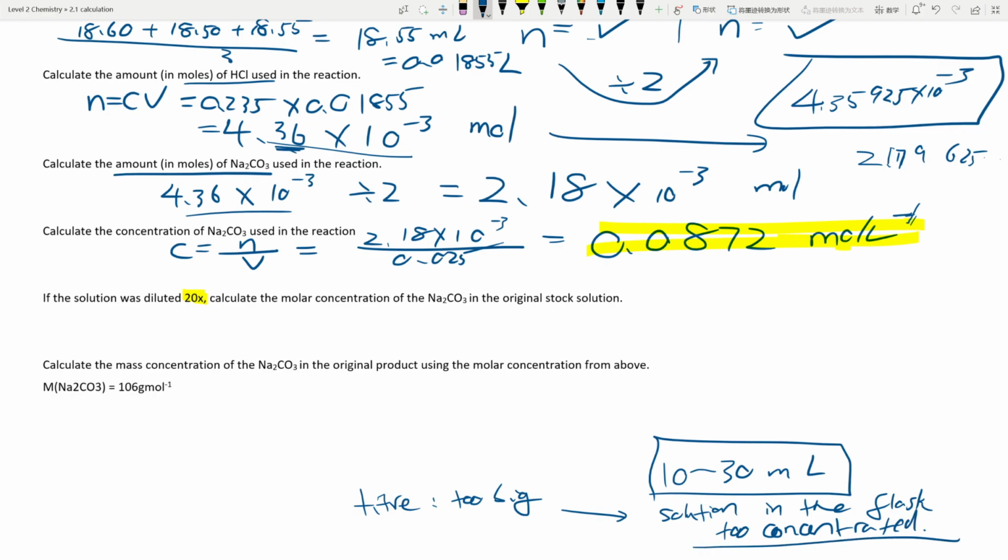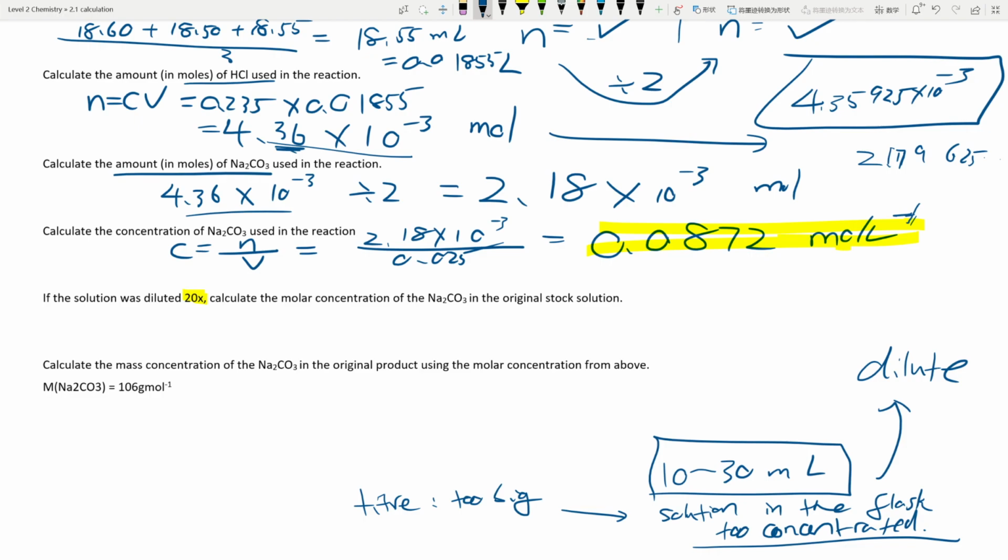That's because you're requiring too much liquid from the burette to neutralize the thing in the flask. So in hindsight, that means the flask solution is too concentrated, so you need to dilute whatever was in your flask, and then you can achieve a lower titer. Because if your titer is too big, there is too much uncertainty, and you're more likely to make mistakes.